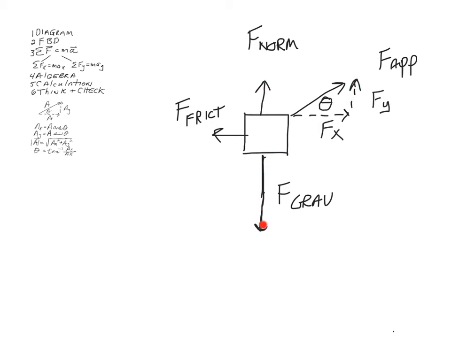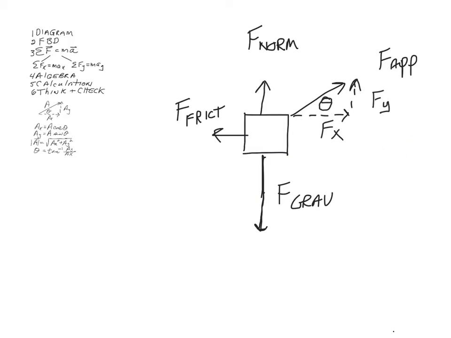Why? Because there's no acceleration this way. There's no motion this way at all. And then I look at the diagram and I see the friction force is smaller than the x component of the applied force. So I know there's an unbalanced force in the x direction, and this is going to accelerate, and they ask me for the acceleration.